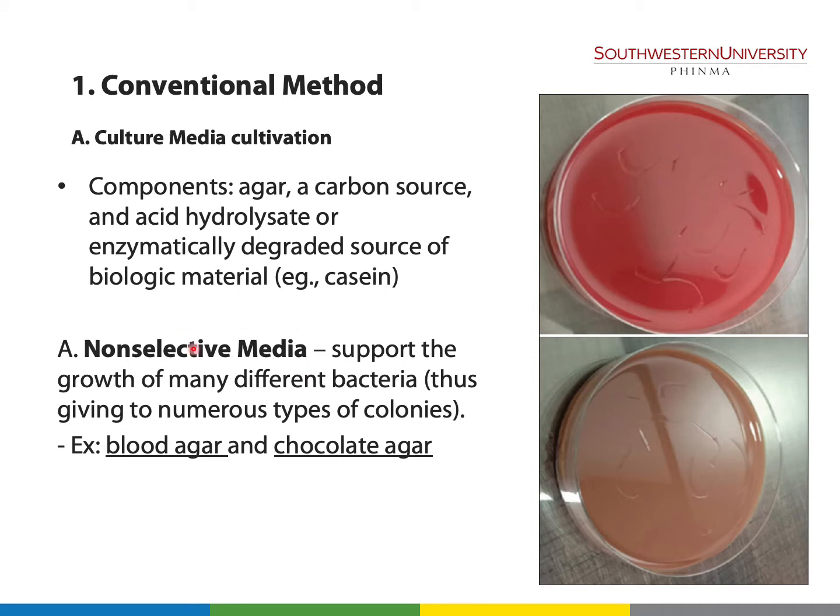So your non-selective culture media supports the growth of many different bacteria, thus giving numerous types of colonies. So common examples, you have your blood agar and your chocolate agar. It is called blood agar because of the blood added as a supplementary component in order to facilitate fastidious organisms.